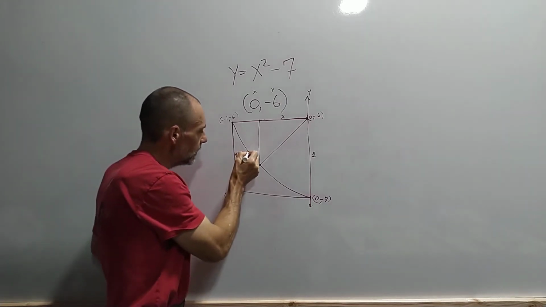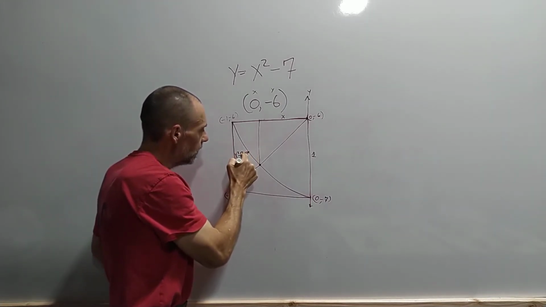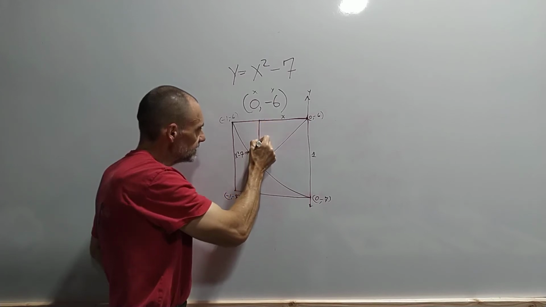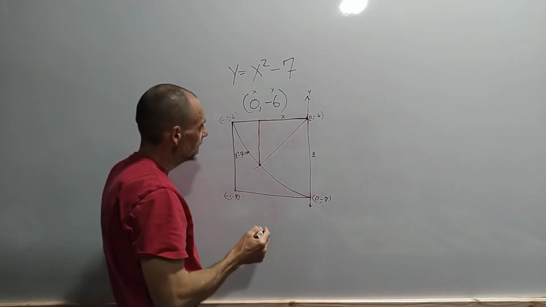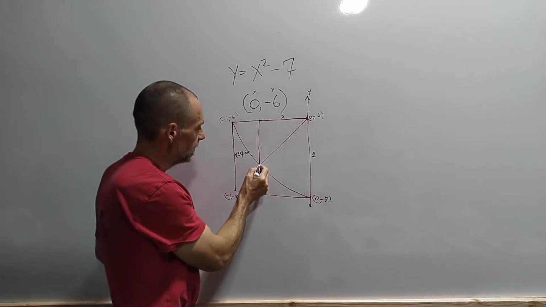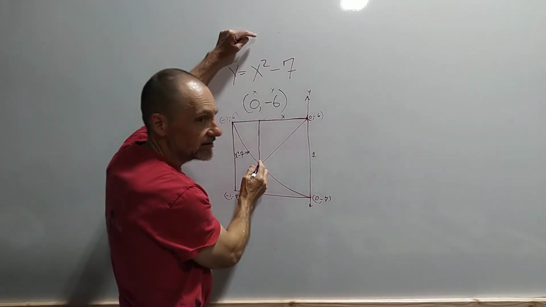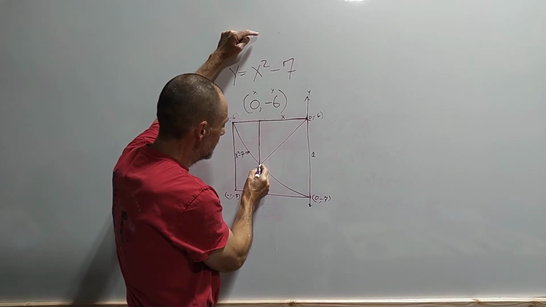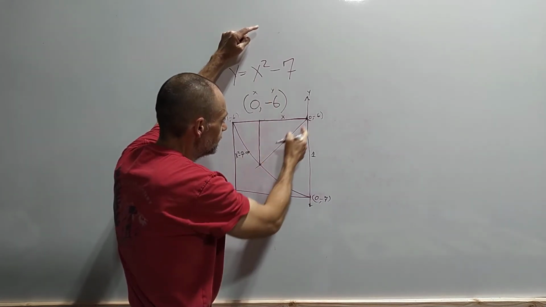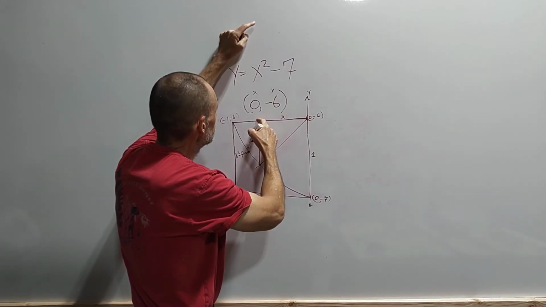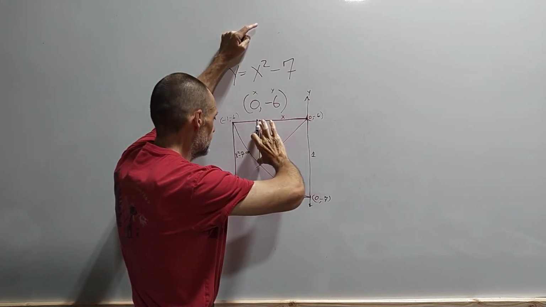So what we want is this distance, yes? If the distance from here all the way up to the x-axis is going to be x squared minus 7 for whatever x is, right? If we subtract 6 from that distance, we'll get just this piece right here, right?